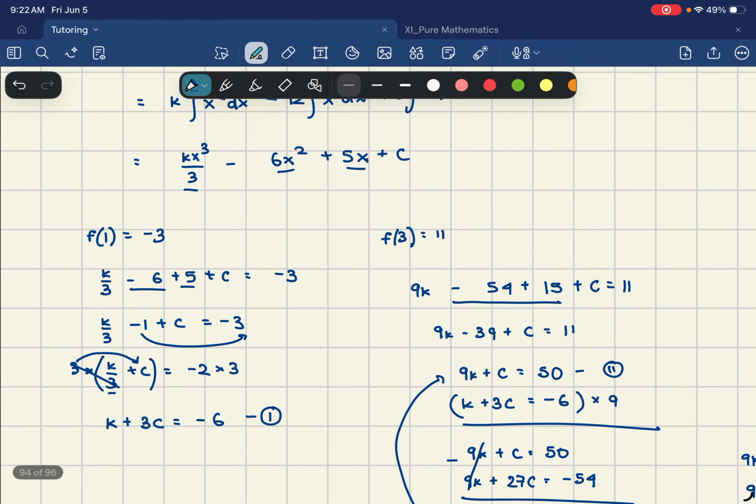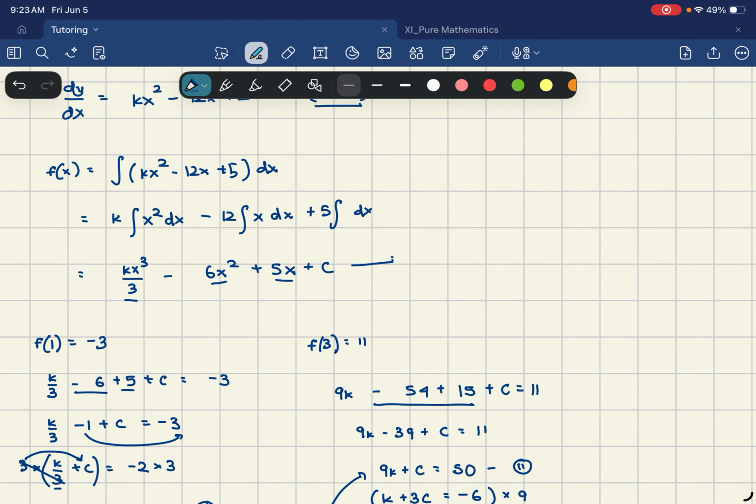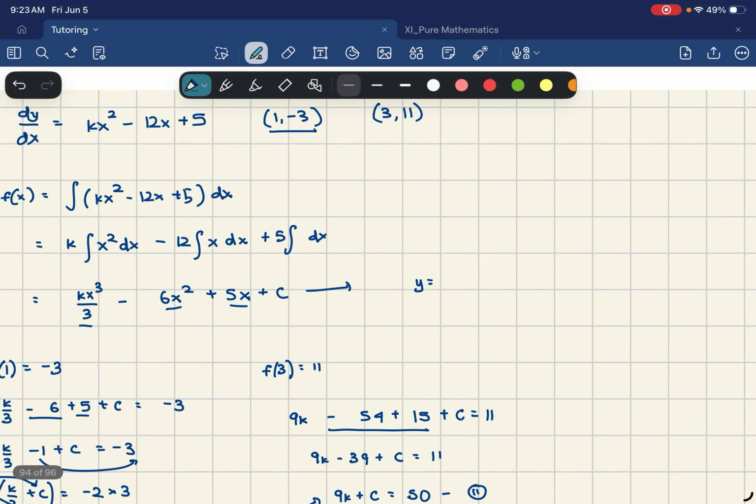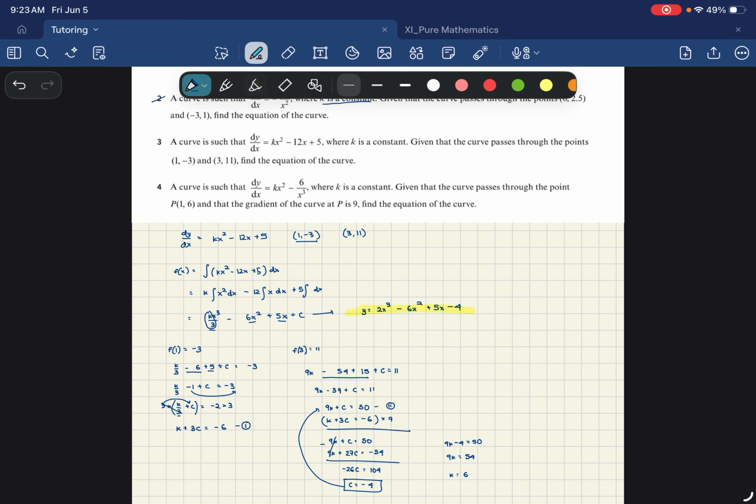So finally, you can go here and write your equation. y is equal to k, which is 6, divided by 3, you're going to get 2x cubed minus 6x squared plus 5x, and c was negative 4. And that is going to be your solution. And we are done with question 3.